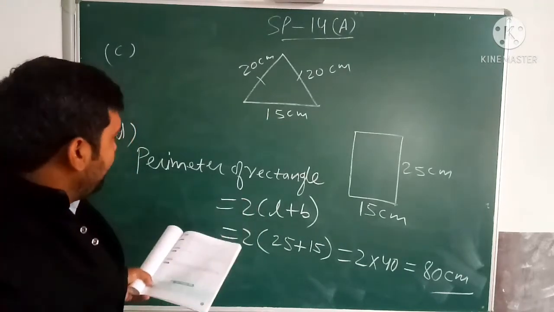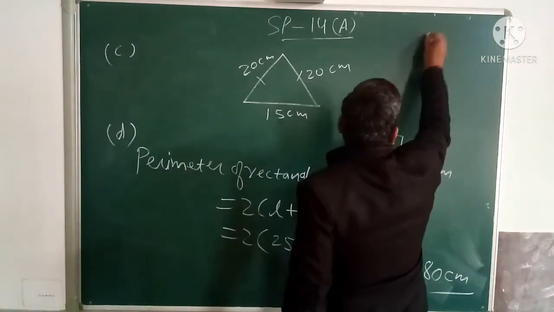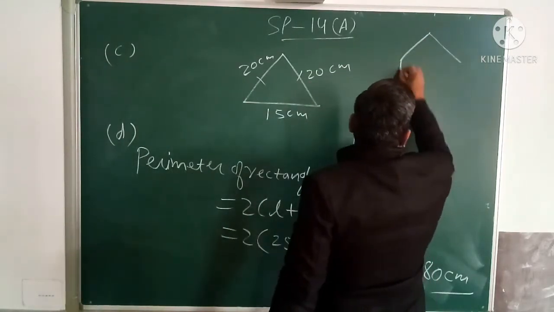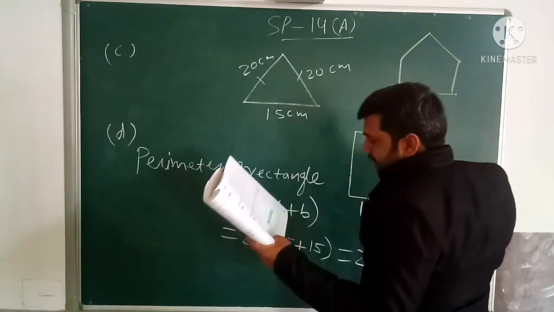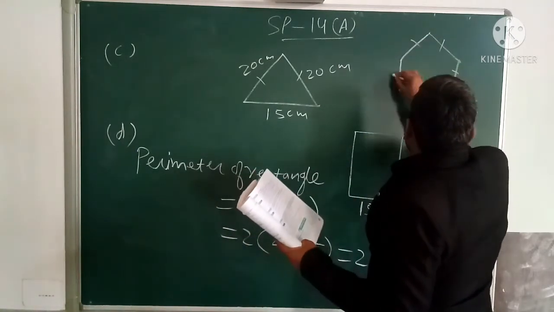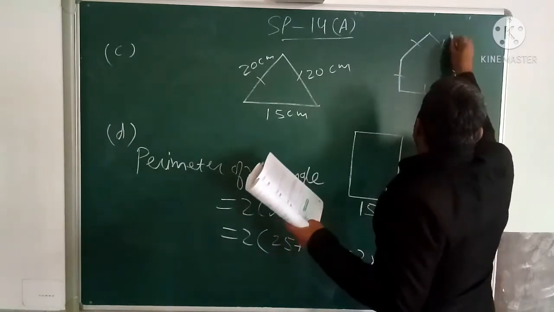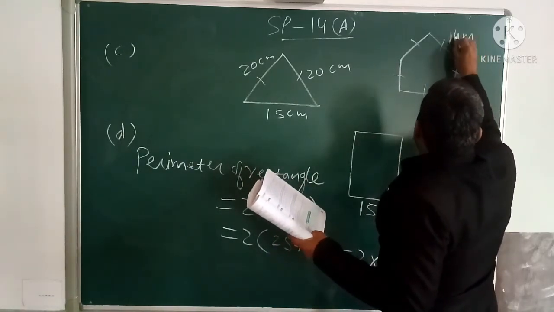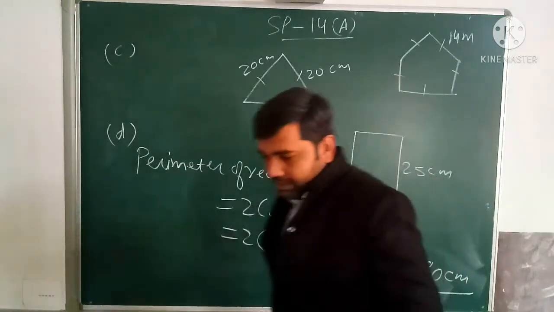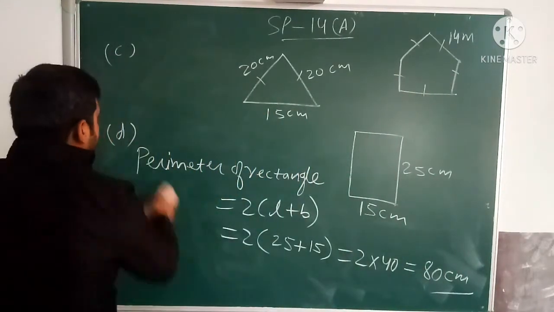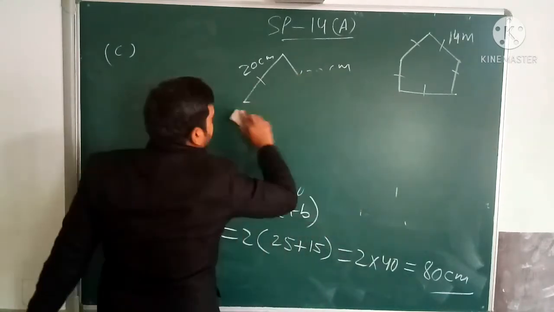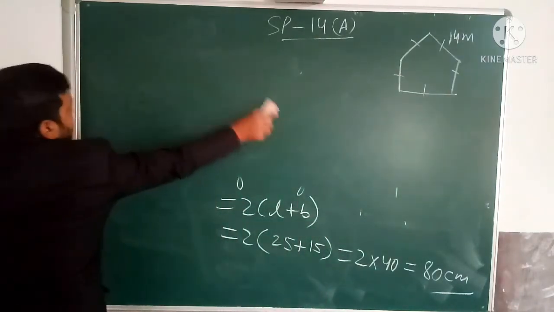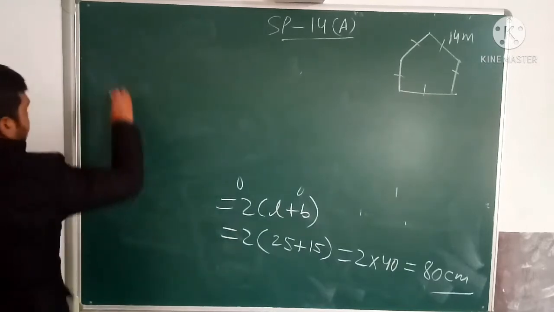This is a pentagon shape in which all sides are equal, and each side measurement is given 14 meters. So the perimeter of this pentagon will be 14 into 5, that is 70. So what do you write?